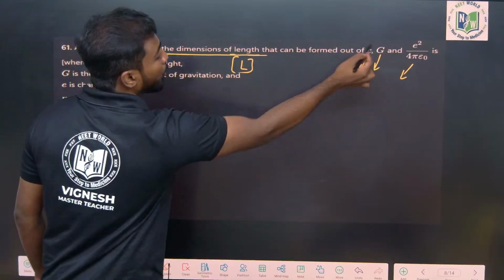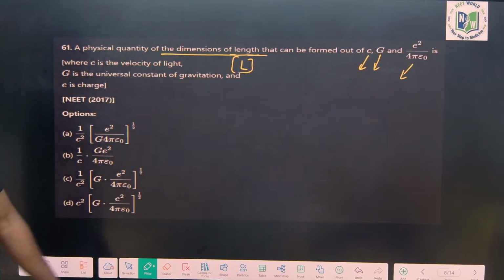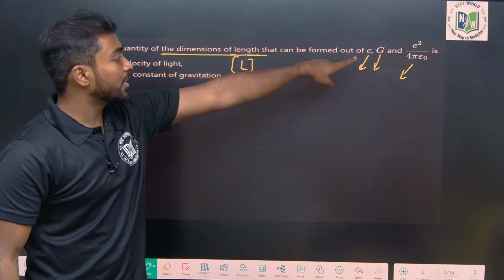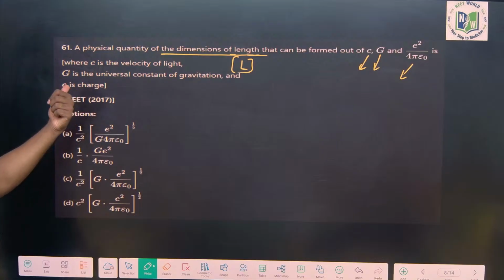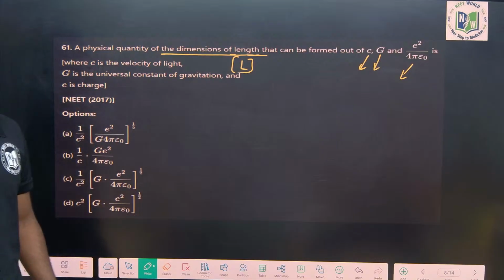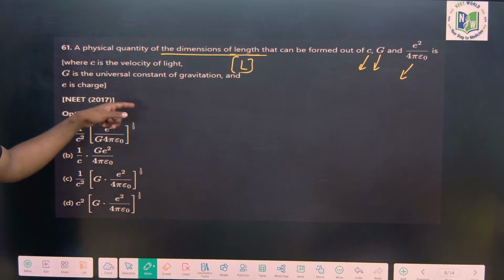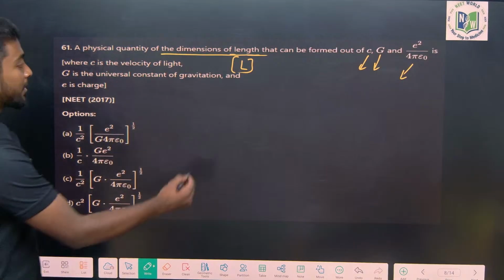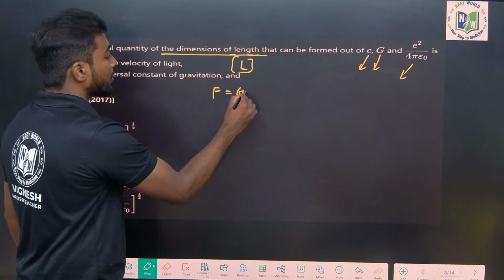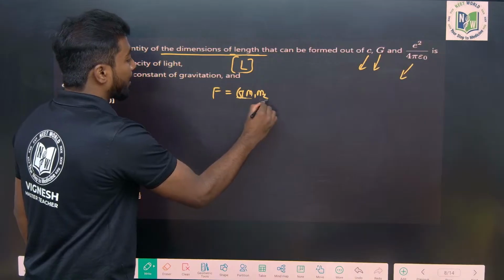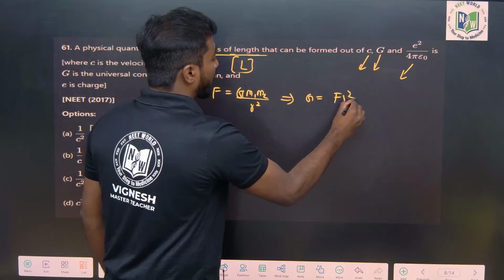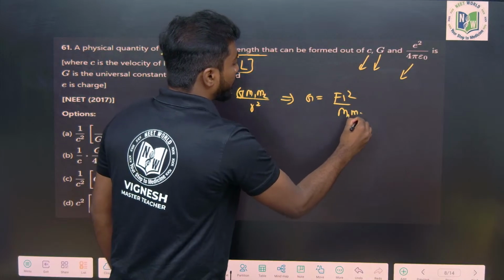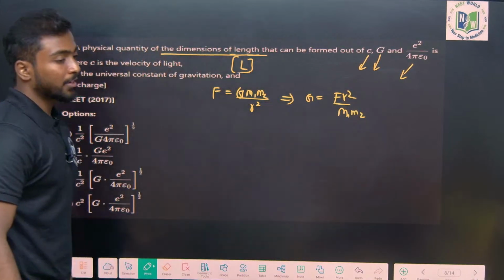First find the dimensions of C and G. C is velocity, meter per second. G we have found out in the previous question, that is F equals G m1 m2 by r square, where G equals F r square by m1 m2. Find it.